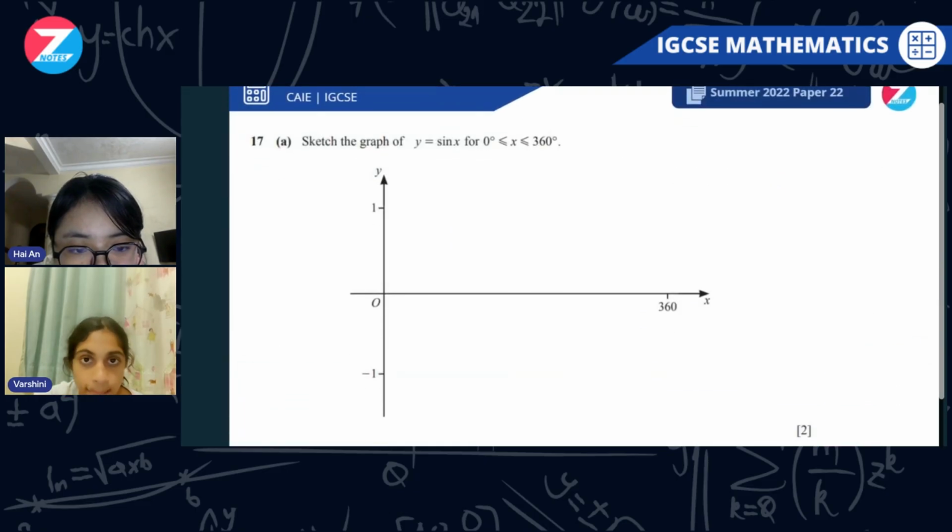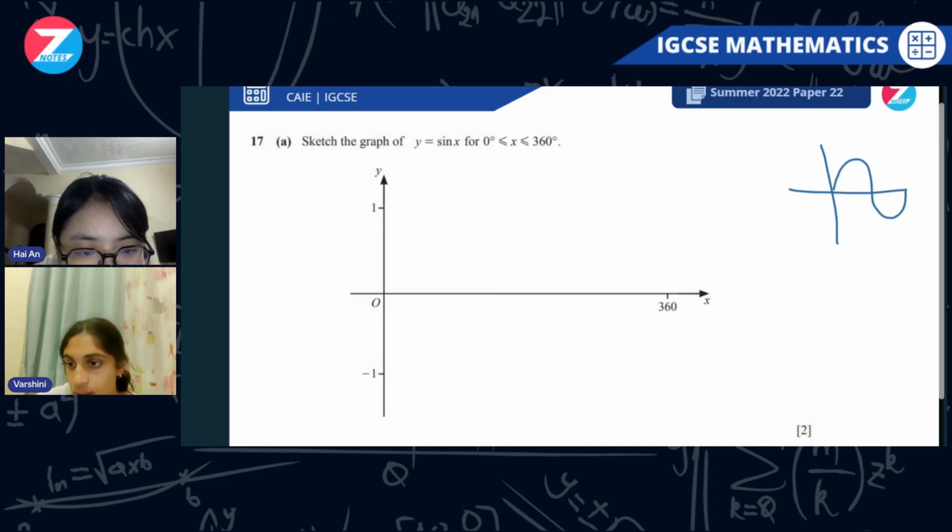Okay. Part 17, sketch the graph of y equals sine x for x greater than 0 and x smaller than 360. We know a sine graph is going to look like this, as opposed to a cosine graph, which looks like this.